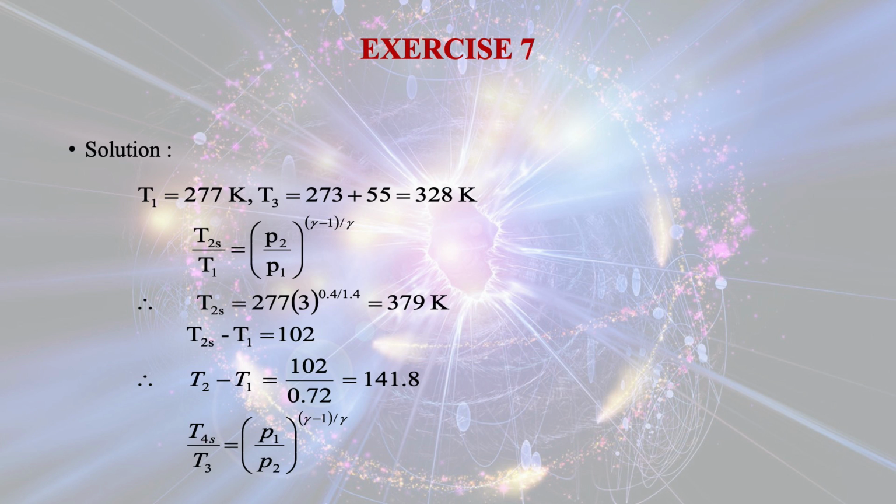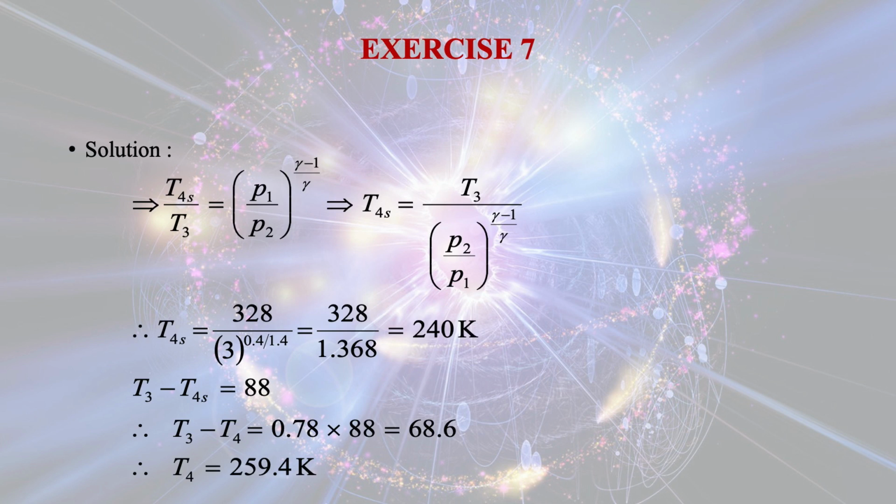And T2s minus T1 is equal to 102, and T2 minus T1 is equal to 102 divided by 0.72, equal to 141.8.